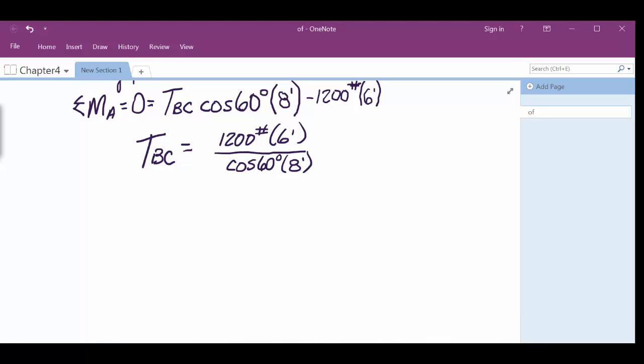That's how we solve that. This was multiplied, so when you move to the other side of the equation, it has to be divided, right? That turns out that you got 1,800 pounds tension in the cable BC, if you will.